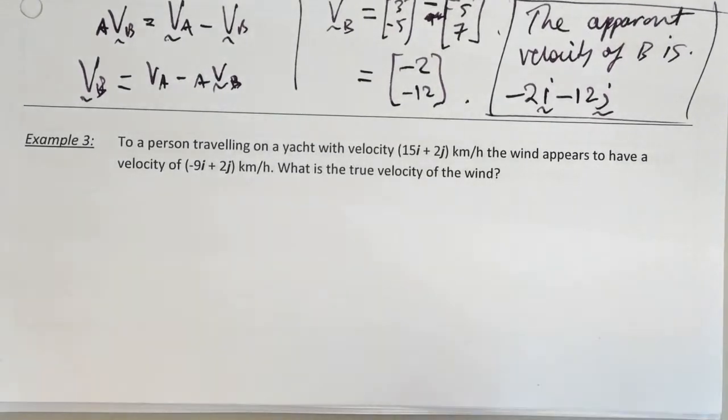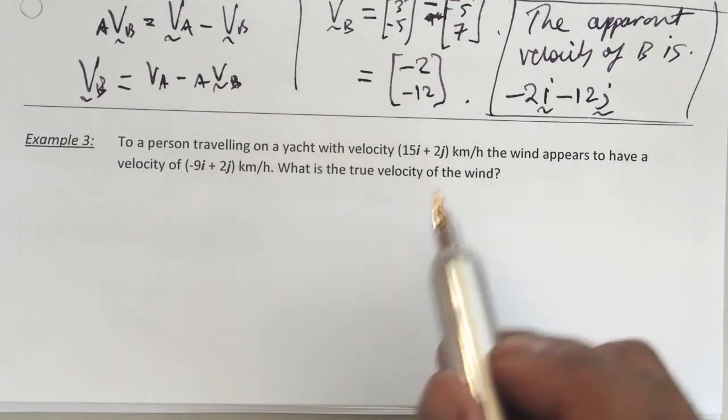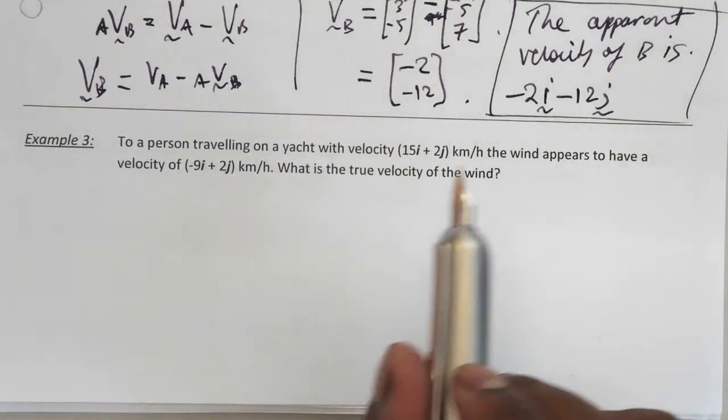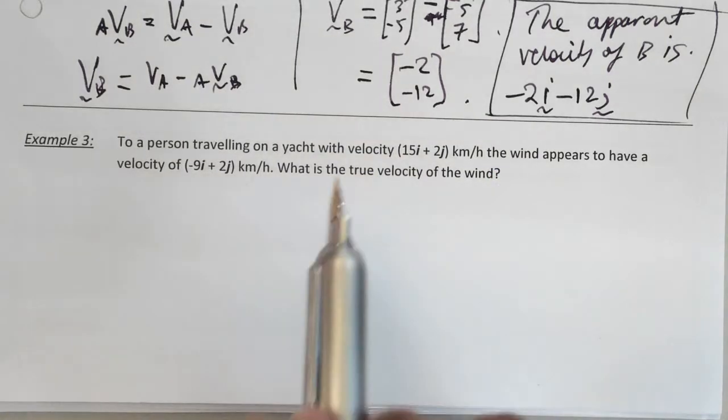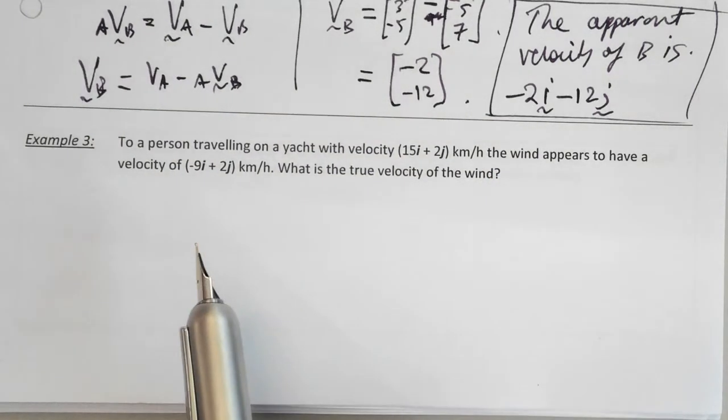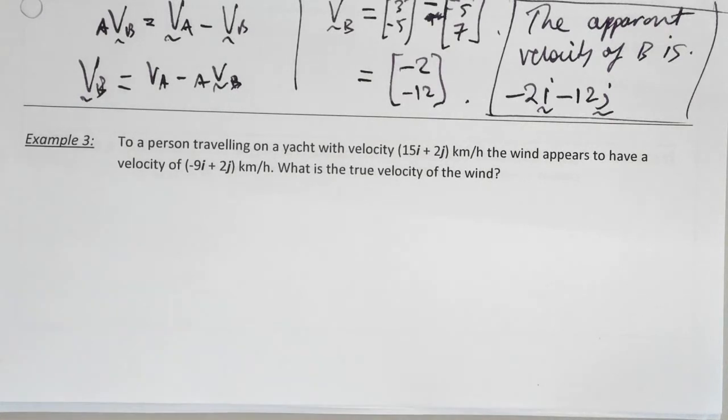Alright, a yacht with a velocity of 15i and 2j, and the wind appears from the yacht to have a velocity of -i plus 2j. Be very careful. I'm trying to find the true velocity of the wind.